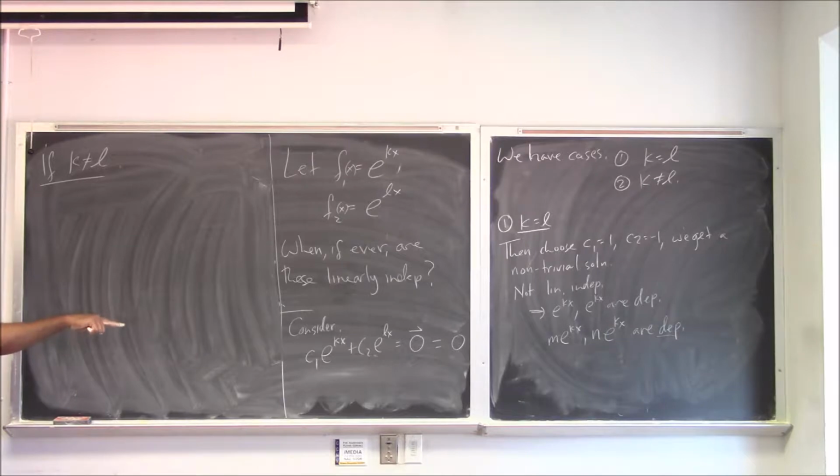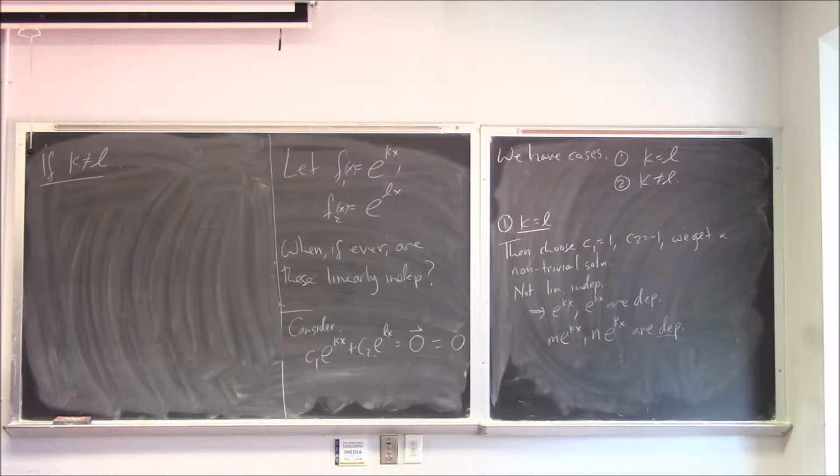But I can just choose C1 and C2, one to be positive, one to be negative. How do I know I can't choose that in such a way that I would get 0 if I have two different exponentials? Because they can't be equal, because we said k and l aren't equal.